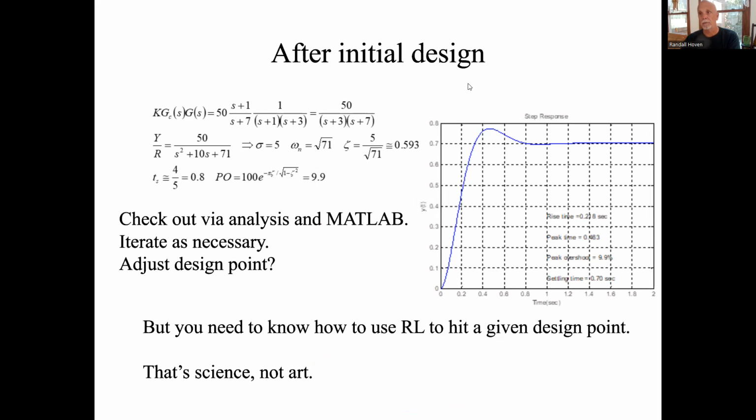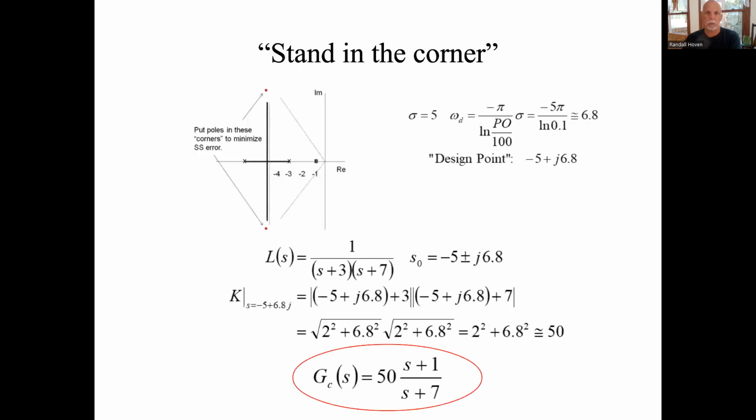You want to check it out after you do all that. Here's the overall closed loop transfer function, and it is a scaled prototype second order system. So you could calculate the terms. The settling time should be 0.8. Peak overshoot should be 9.9.